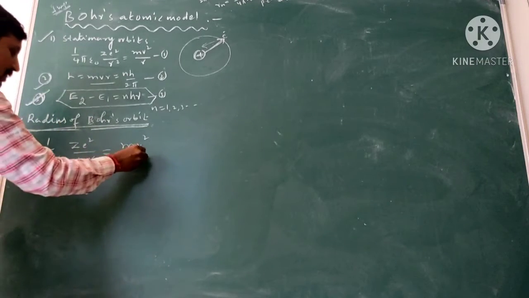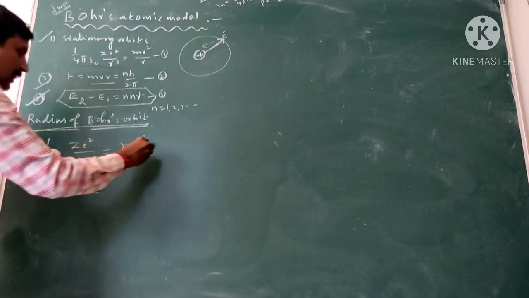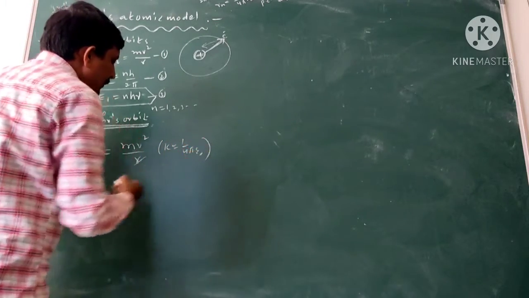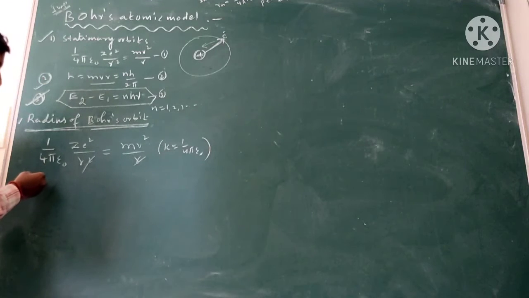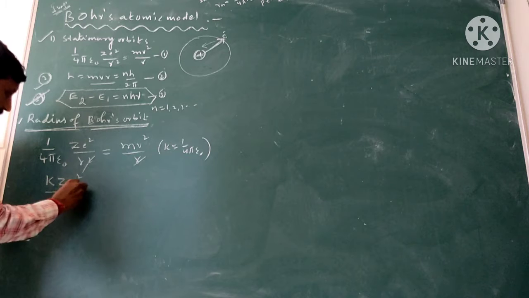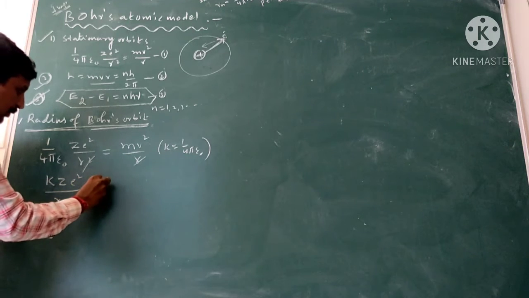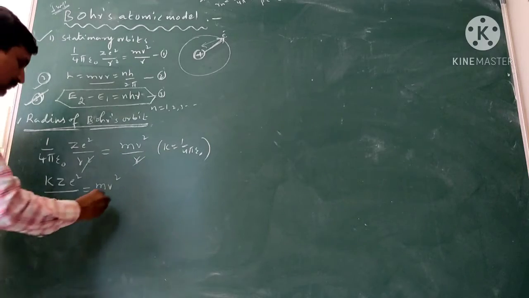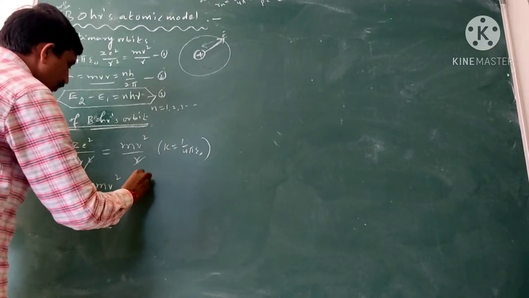Here one r gets cancelled. Here k is equal to 1 by 4 pi epsilon naught. Instead of 1 by 4 pi epsilon naught, you can write k Z e square by r is equal to m v square. This is equation number 4.